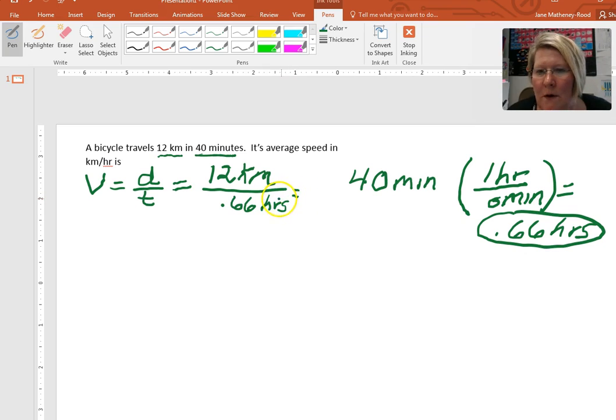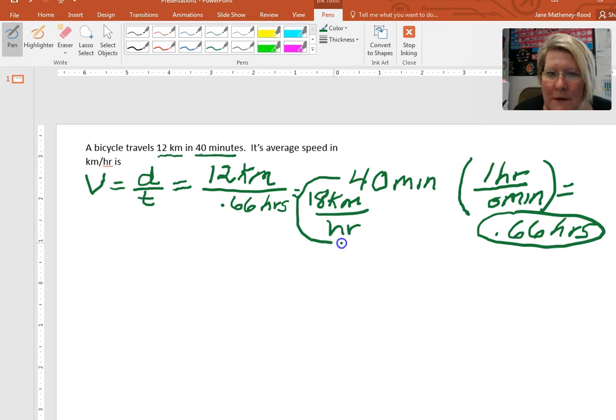And if you take 12 kilometers and divide it by 0.66 hours, you will get 18 kilometers per hour. Okay, so that is our final answer for this problem.